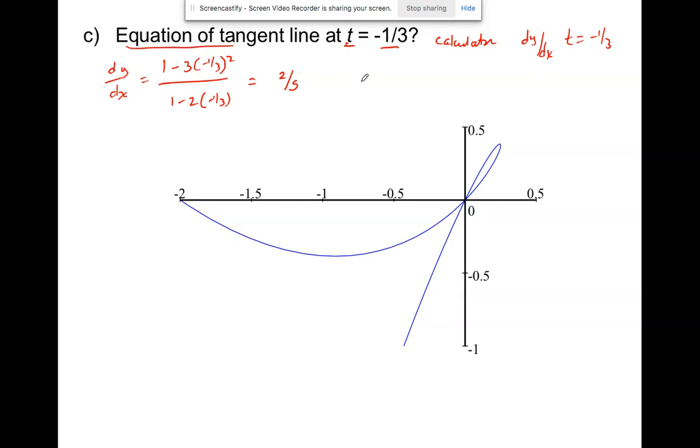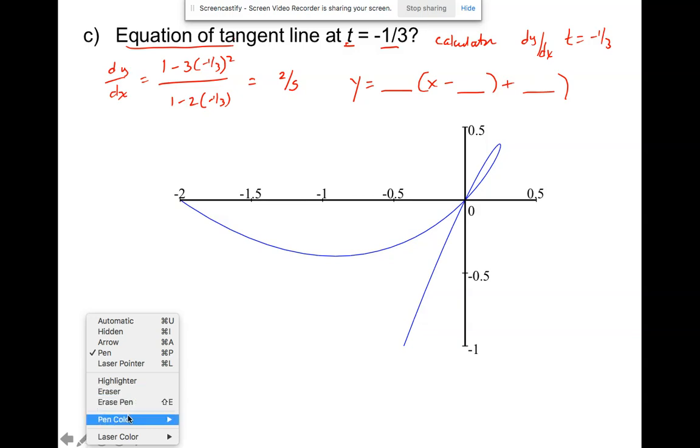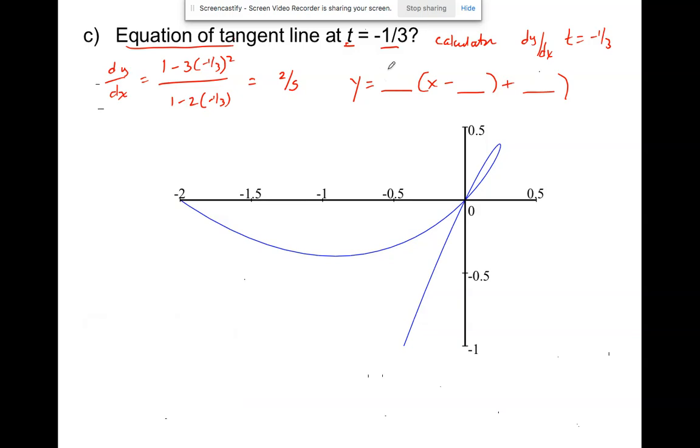But they wanted the equation of the tangent line. Slope times x minus the x coordinate plus the y coordinate. 2/5 is going to go in here. Where do I get the x and the y though? The originals, x of and y of.